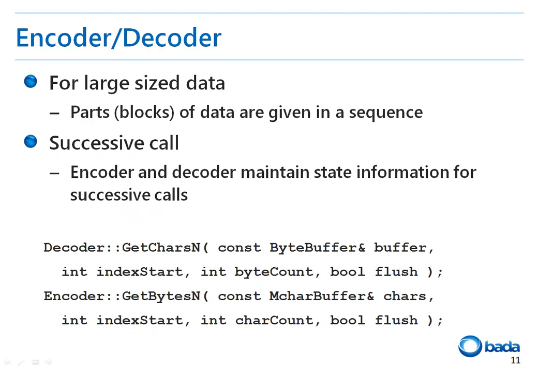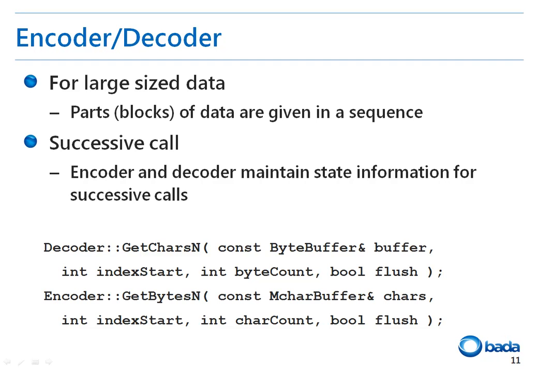Besides the encoding class, encoder and decoder classes are also provided. These classes are used to encode or decode a relatively large amount of data. To support a large amount of data, parts, or blocks of data, are converted in a sequence using successive calls.